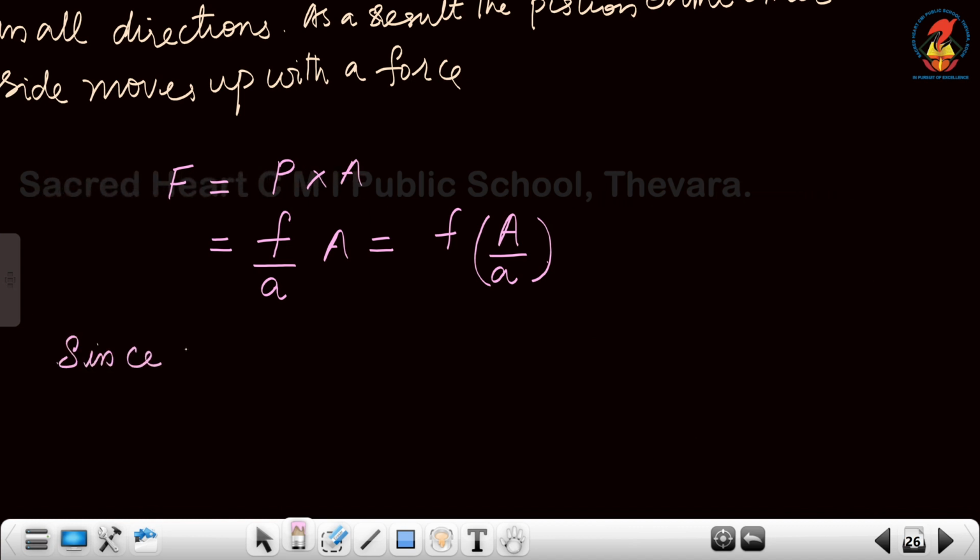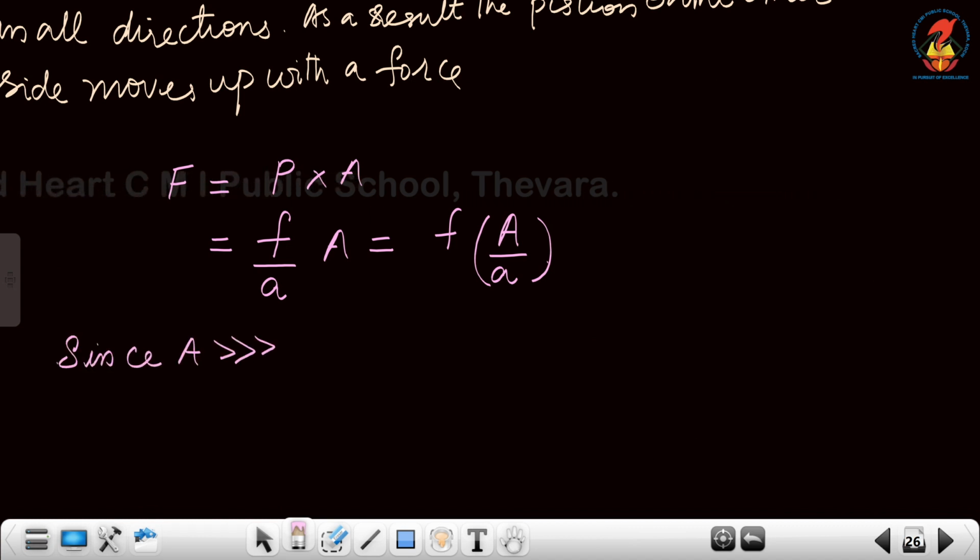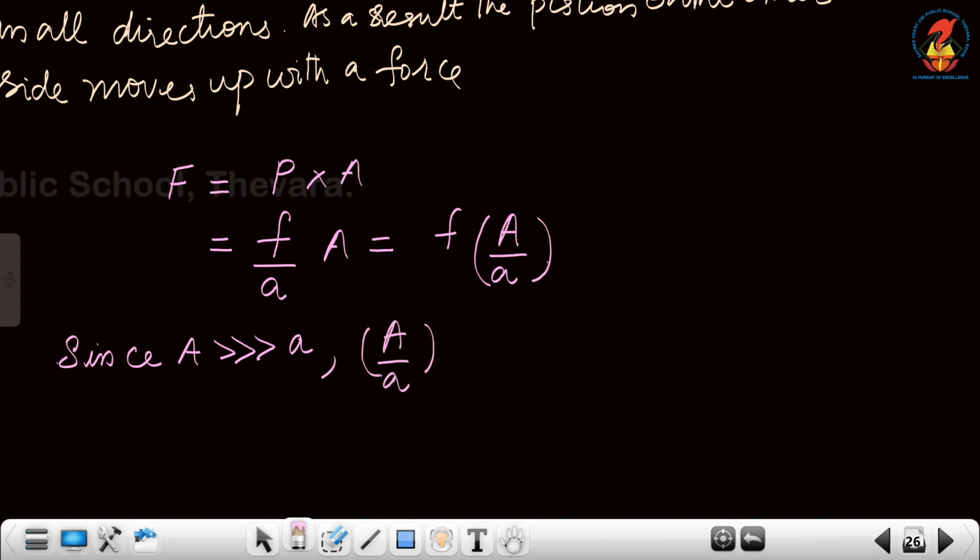Since capital A is very much bigger than small letter a, the term A by a will also be large.